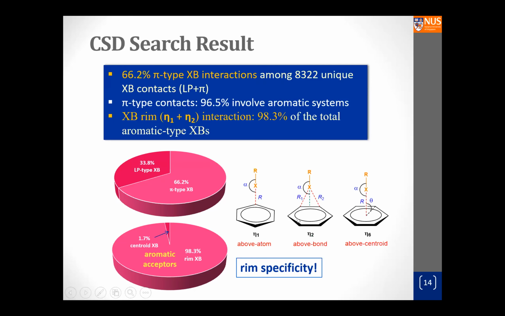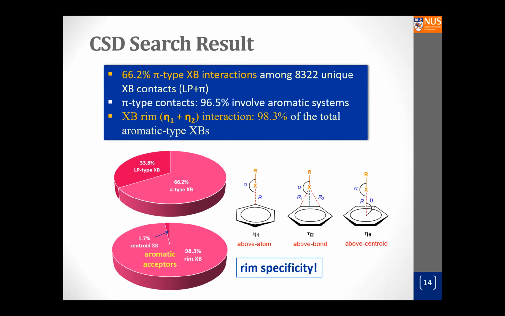So this is the result in graphical form. Something quite surprising to us: the early survey suggested about 1/3 of the halogen bond interactions were of the pi type. But in our updated survey, 2/3 of the interactions involve an aromatic halogen bond acceptor.